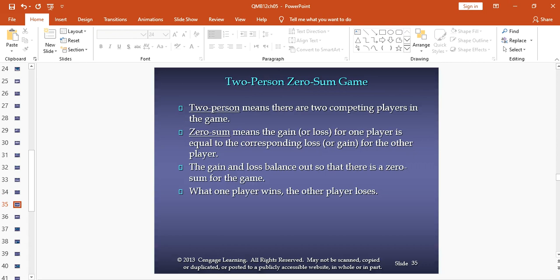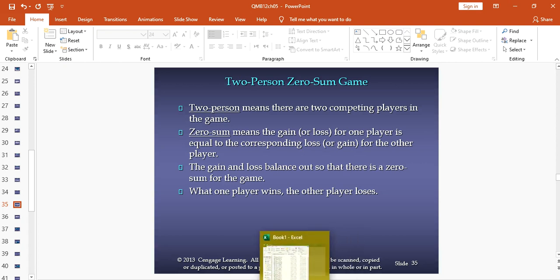So in this case we have two players in the game, okay, and also the game is a zero-sum game, so it means one of them gains and the other loses. So the gain of the first one will be the loss of the other one, and the loss of this one will be the gain of the other one.